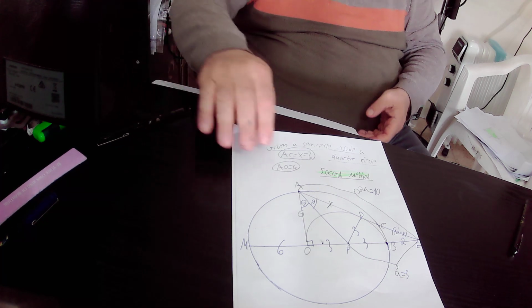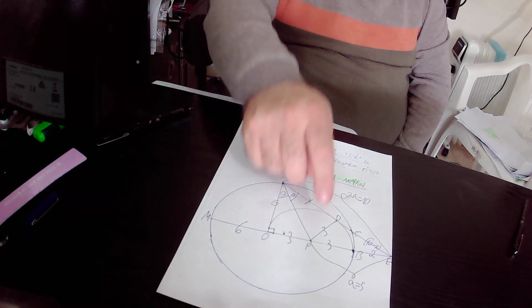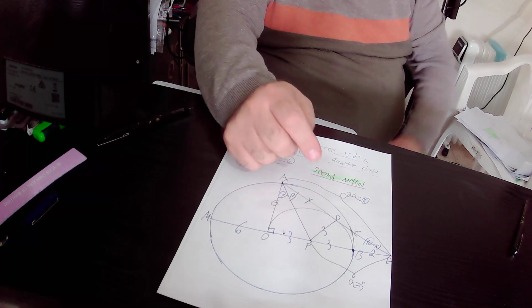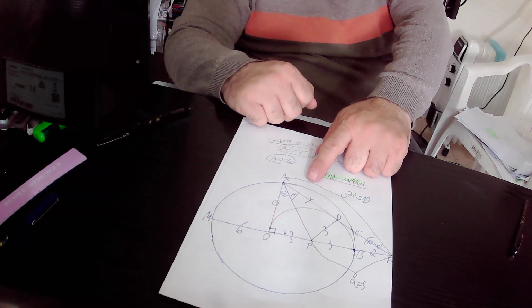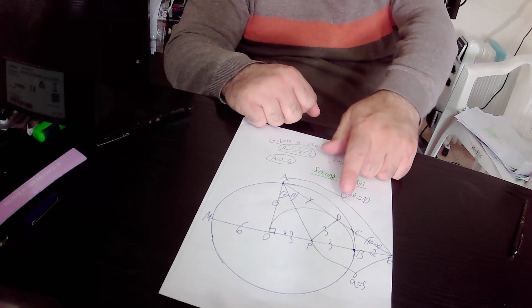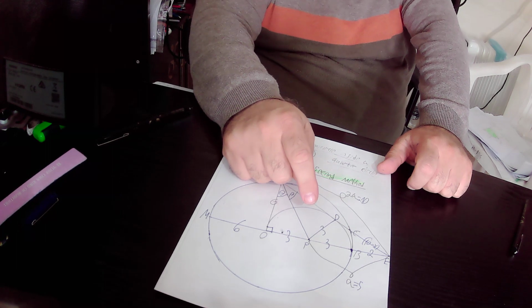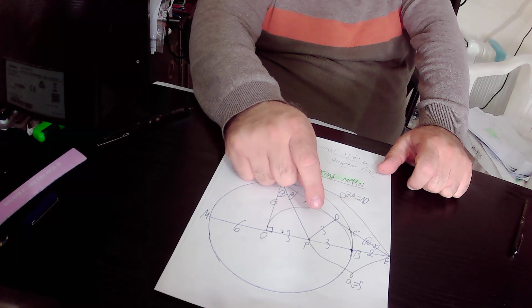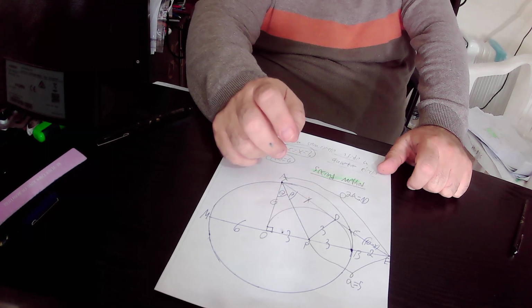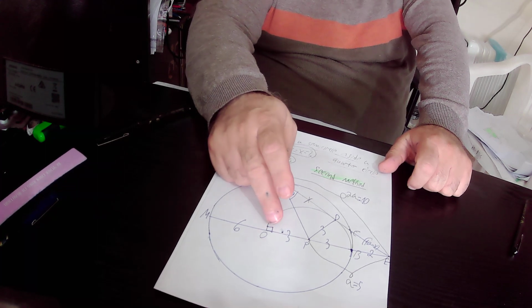Here we have the center of the semicircle at point P, and the point of tangency of tangent AC with this semicircle is point D. OP equals PB equals PD equals 3 units. This is the radius of the semicircle, and this angle equals 90 degrees.